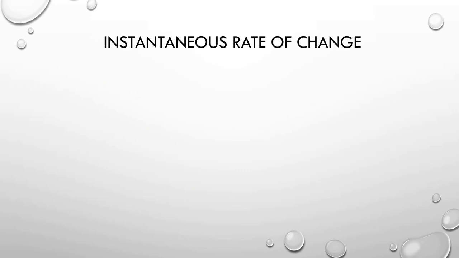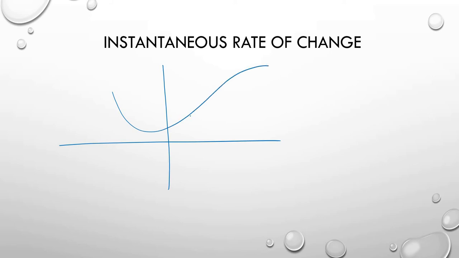Alright, so instantaneous rate of change. Now what we're looking at is we are going to take that concept, and I'm going to draw just a little bit different picture. If I am finding the slope of a secant line from a to a plus h, that gives me an average rate of change over the interval. If I want to find the instantaneous rate of change at a single point, that means what is the slope of one point?